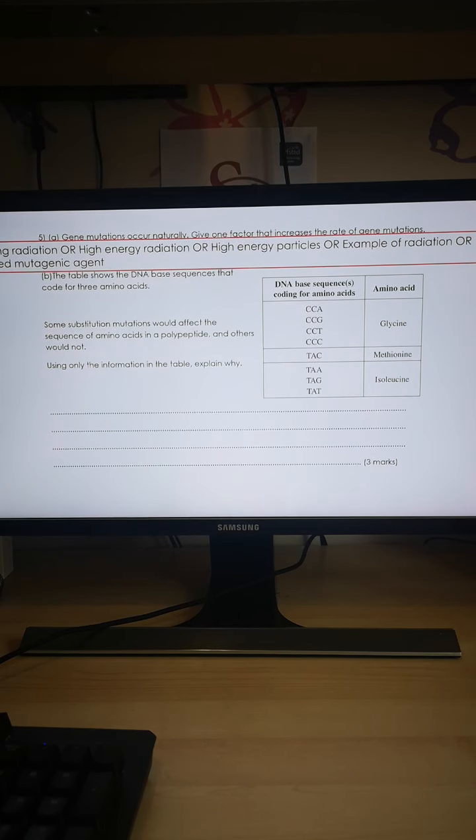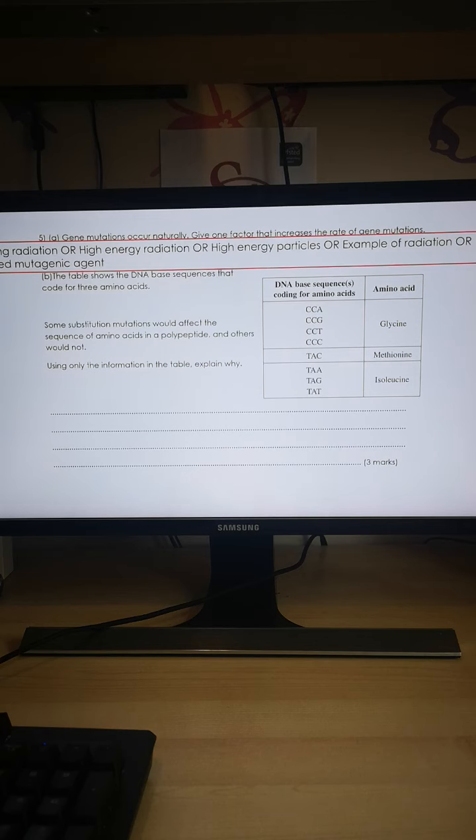The table shows the DNA-based sequences that code for 3 amino acids. Some substitution mutations would affect the sequence of amino acids in the polypeptide chain, and others would not. Use the information in the table to explain why. Okay, so if you look at the table, you've got a couple of amino acids there that have more than one triplet that codes for them.